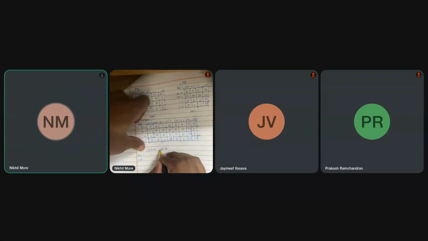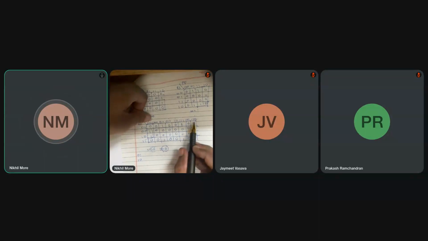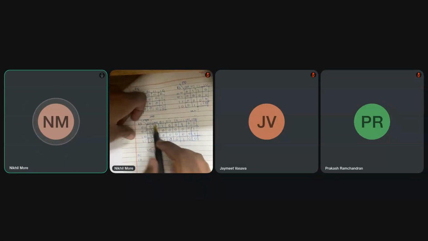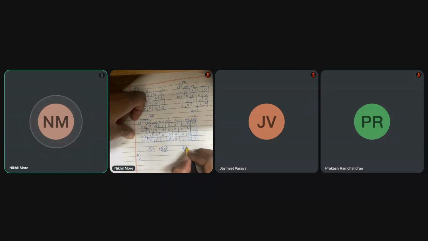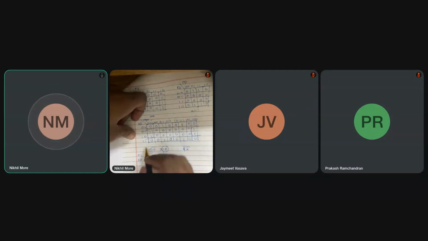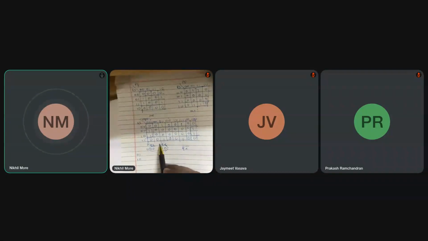So the common thing is 0, 0. So in case of q bar, x bar, q bar and x bar, because this is p, q and x, this is also p, q and x. One denotes that it will be the root variable.